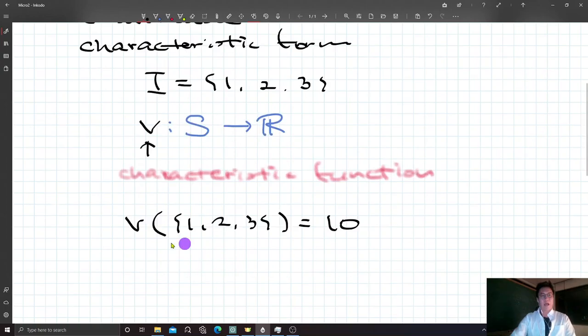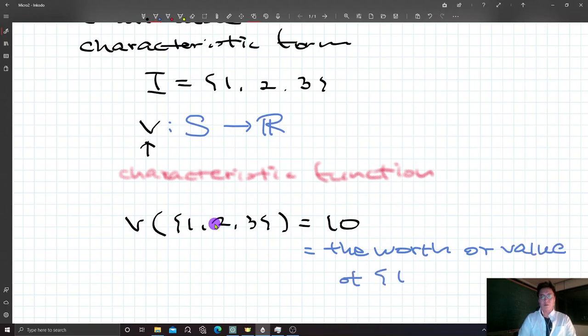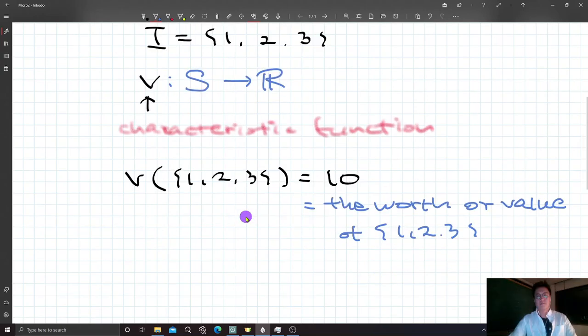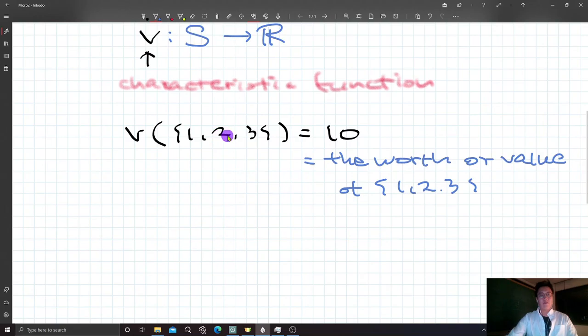It stands for the worth, or value, of coalition 1, 2, 3. So if these three members make a grand coalition, they can make a surplus of 10.